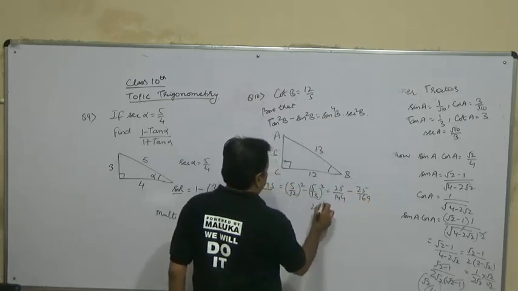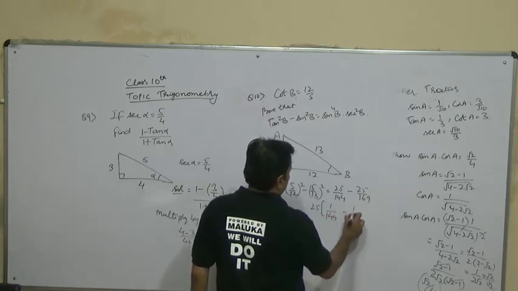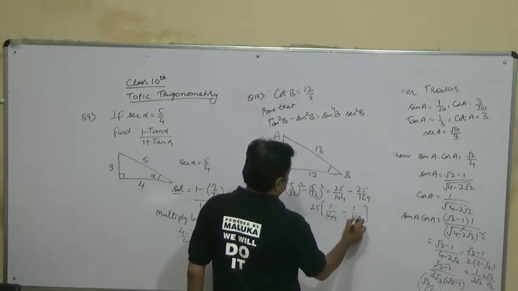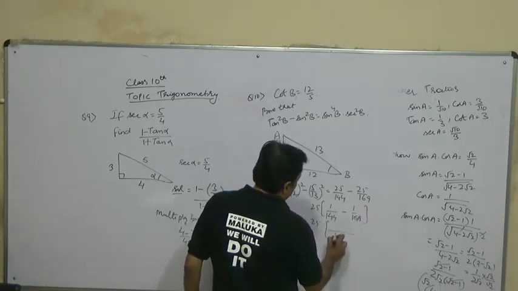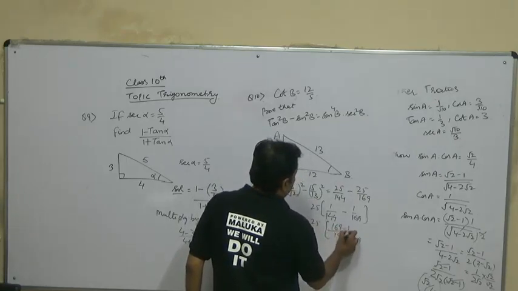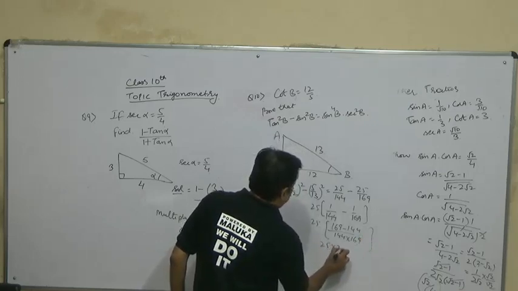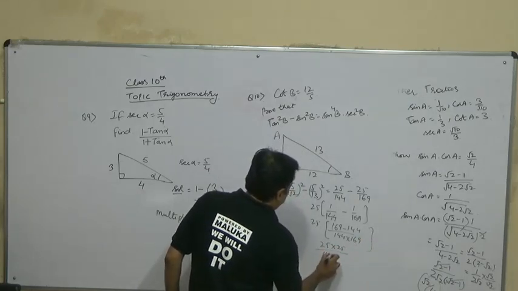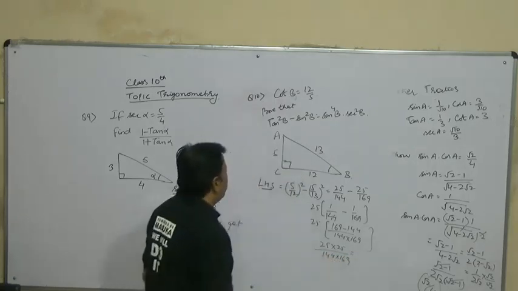So 25 times (1/144 − 1/169). So this will be 25 times (169 − 144) upon 144 into 169. So this is 25 into 25 upon 144 into 169. So this is your left hand side.